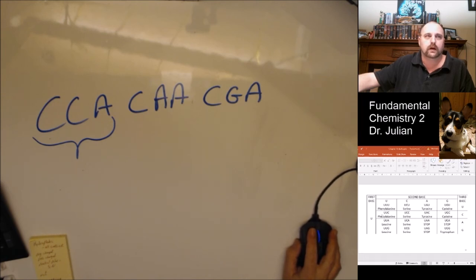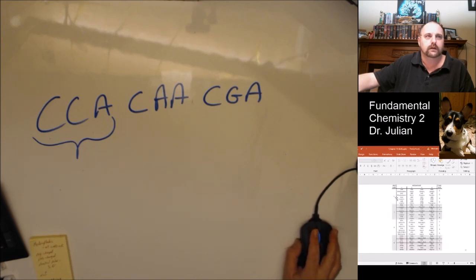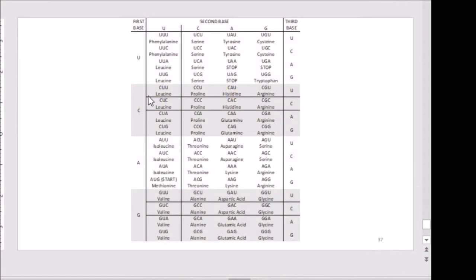If I pull up the whole list, you'd be able to go through, and here's what this list would look like. I'd find the C on the left. I'd find the second one in the middle here, so you're going to follow it down. Once I've done that, that kind of narrows it down.